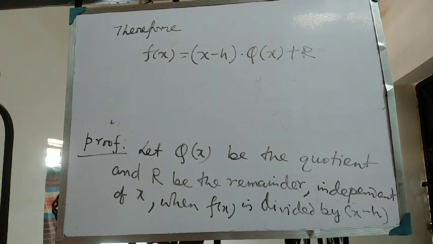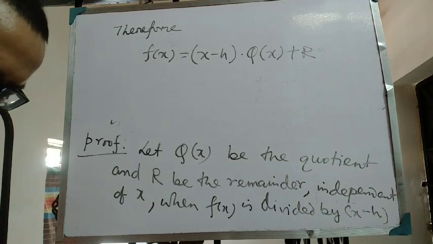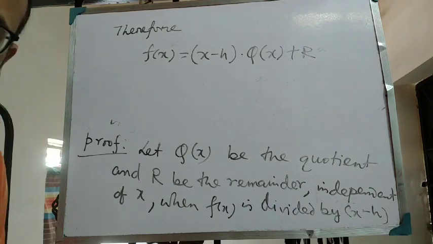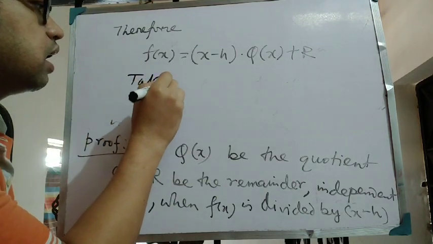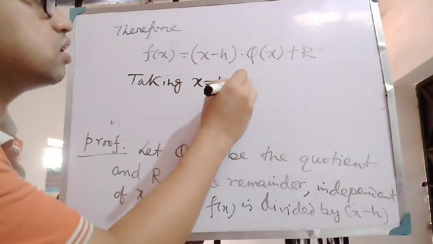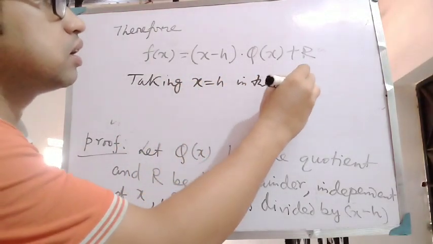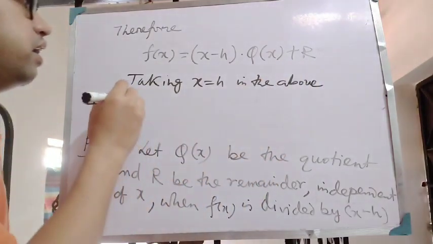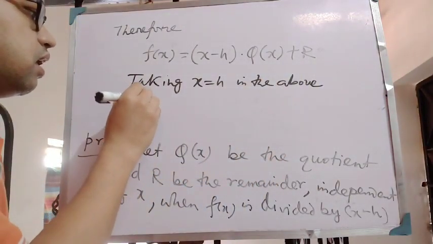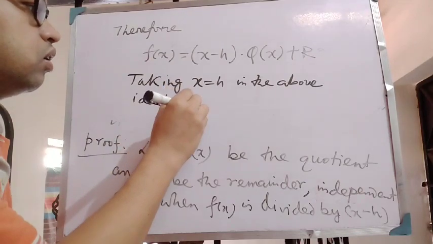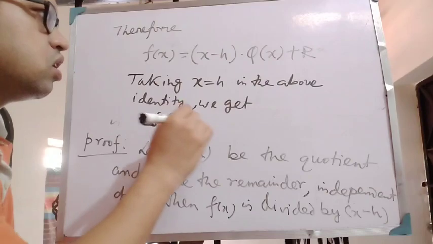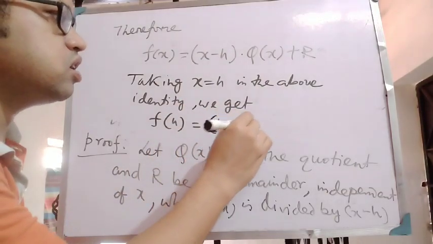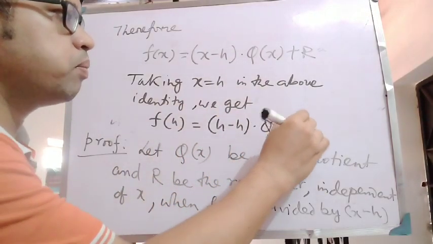Now taking x equals h in the above equation, what we will get? By the above identity, we get f(h) equals (h minus h) into q(h) plus r.